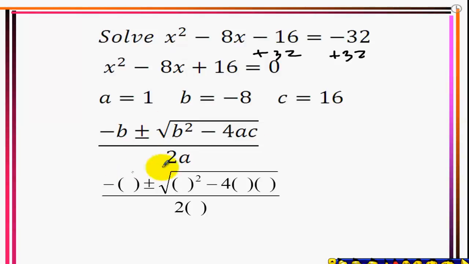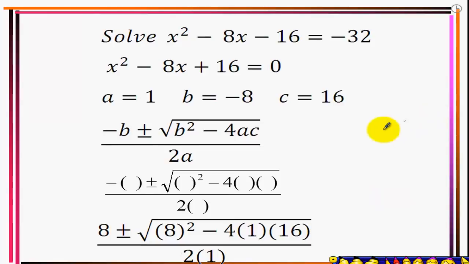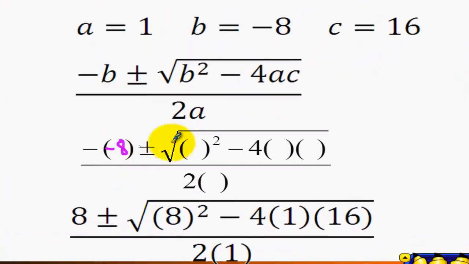So just plug in, and you will get this. Note that your 8 here is now positive. Just be careful with the negative of a negative 8. So when you replace your b by negative 8, you will have negative 8.